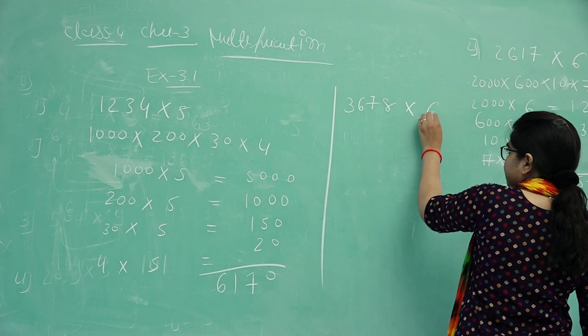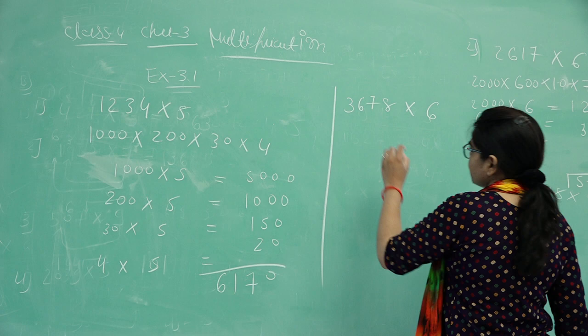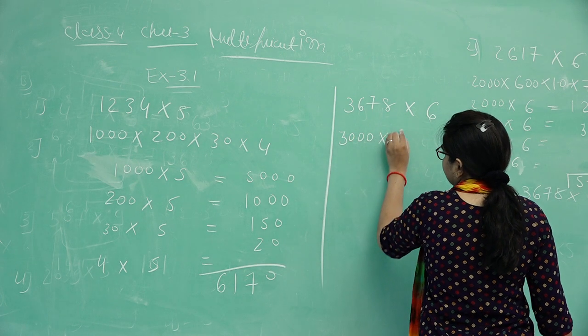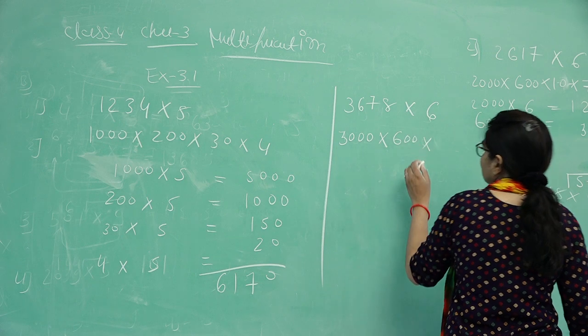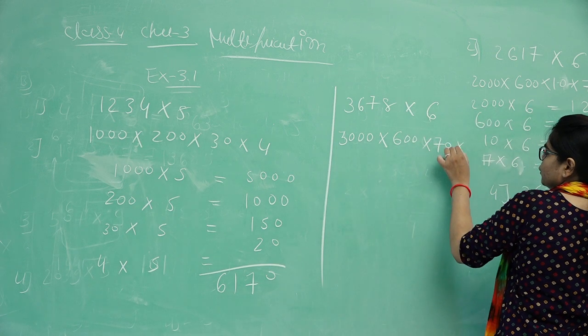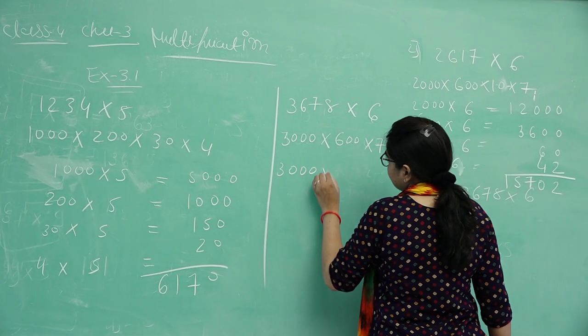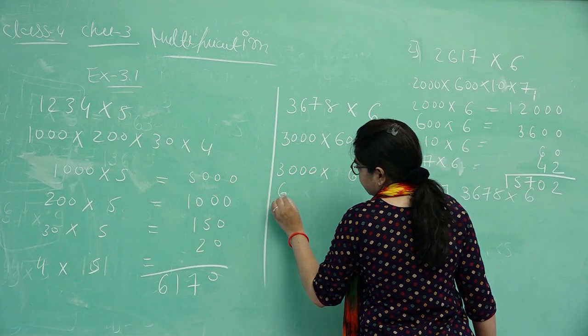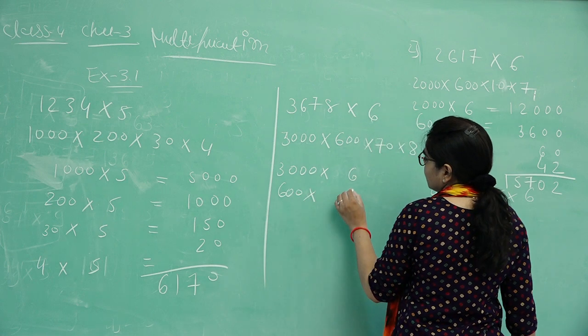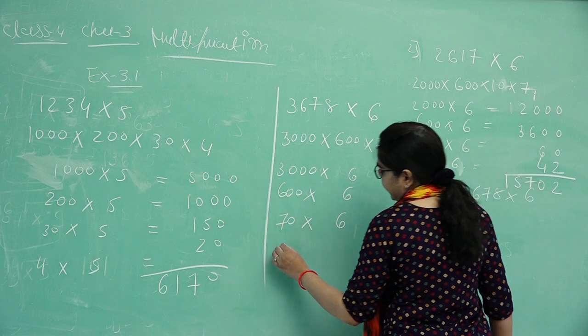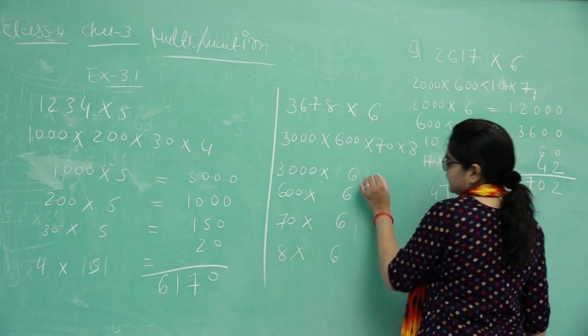3678 into 6. Okay, my dear students, first of all, again do expanded form: 3000, 600, 70 and 8. So first 3000 into 6, then 600 into 6, then 70 into 6, and last 8 into 6.